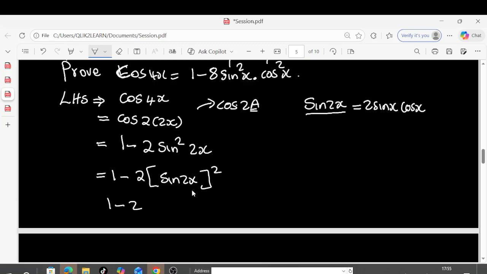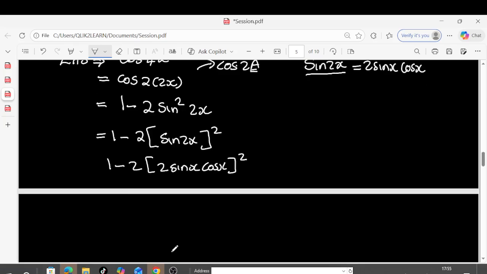So I'm just going to substitute that and say this is 1 minus 2 into 2 sine x cos x, and everything is squared. Look at this. 2 squared is 4.